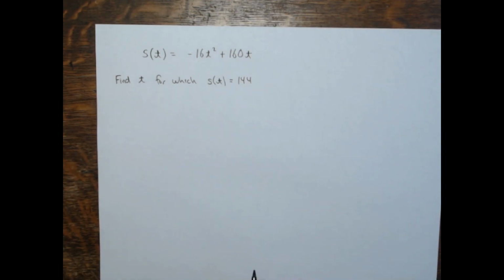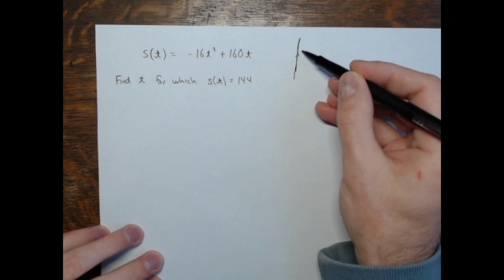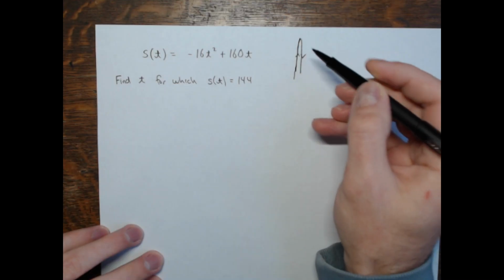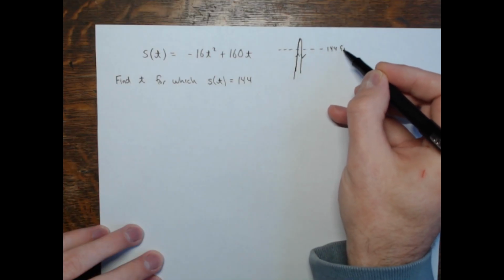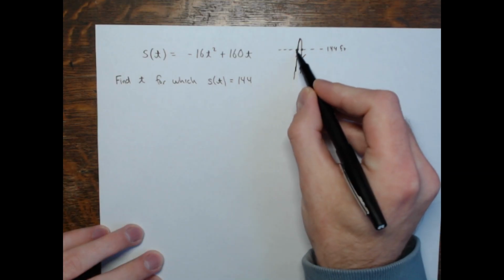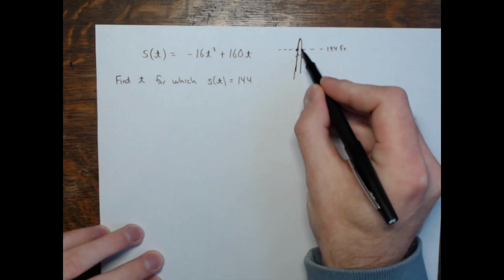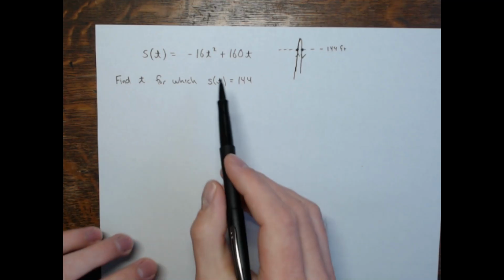This object's going up and then it's coming down, and at some point it's 144 feet in the air. Again, we want that first one. There's maybe one time, then it goes up higher and comes back down, and there's another time. So I just want to find what those times are.